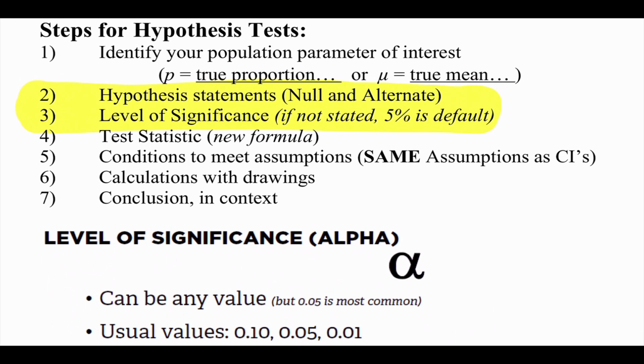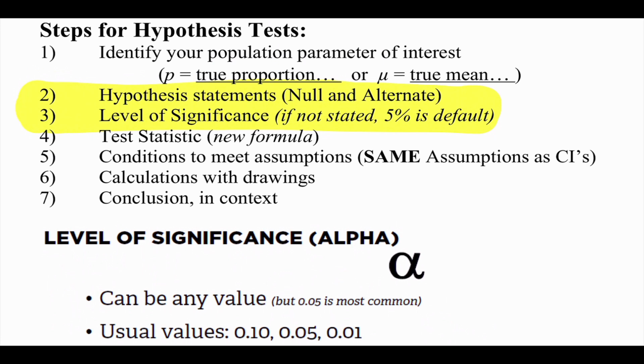Step 1, identify either the true proportion or true mean. You've done that before, on the test, on quizzes, on homeworks. Number 1 is not any different. 2 and 3 are new. For 4, we have to give the formula that we're going to be using, and I'll show you the formula in a second.